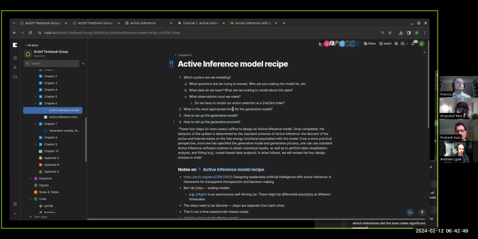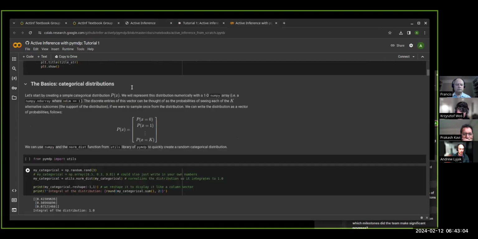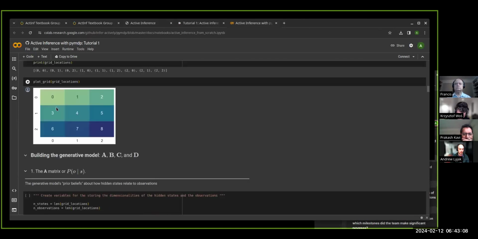Okay, so chapter 6 gets us to writing the pseudocode, basically, that we're going to look at the Python code for. Their goal here, if we were to apply the chapter 6 question, was to model an agent that moves in this 3x3 maze grid world and has a preference for a certain location.